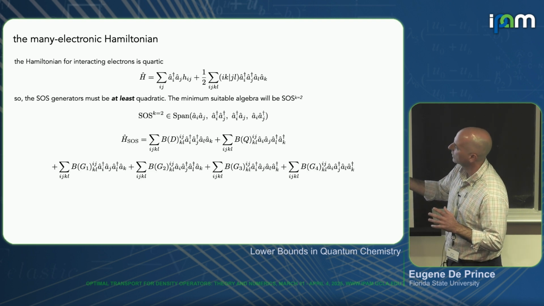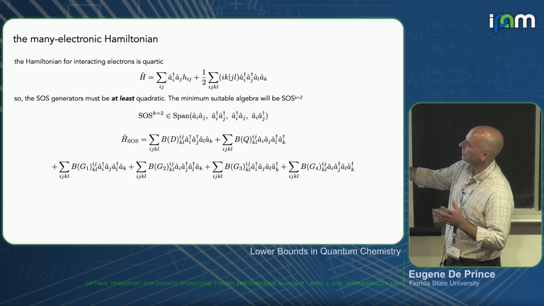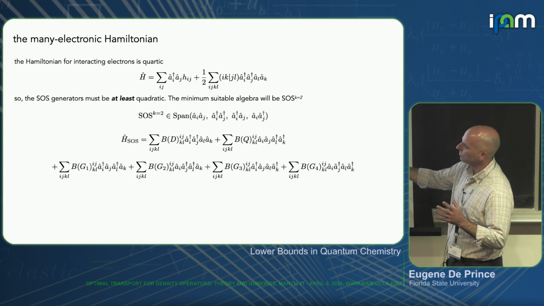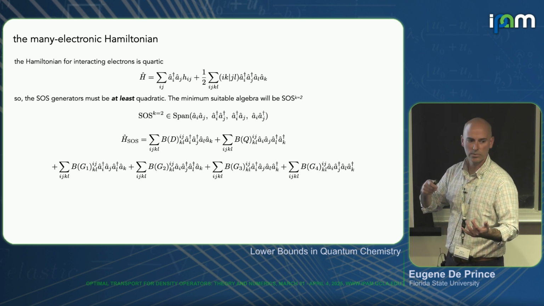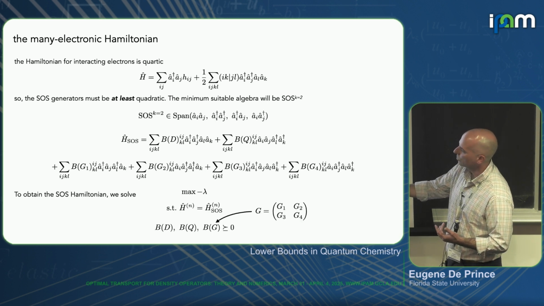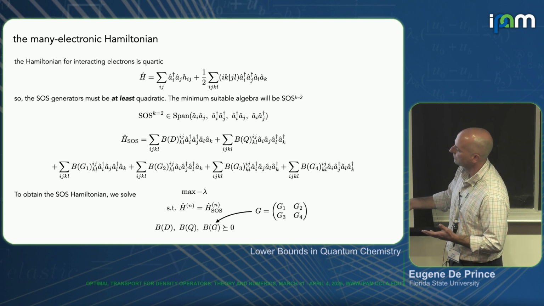This guy should give me something that looks like D2, this guy something that looks like Q2, and this guy something that looks like G. But now I have this other one that is like the whole version, the whole particle version of this guy. And so this algebra is actually more complete than it was in the other version of this problem. So now my G matrix is actually a lot bigger than it would have been in the original problem. In the V2RDM problem, I only have this piece to worry about. But in this version of the problem, this is one piece of a 2x2 block matrix.